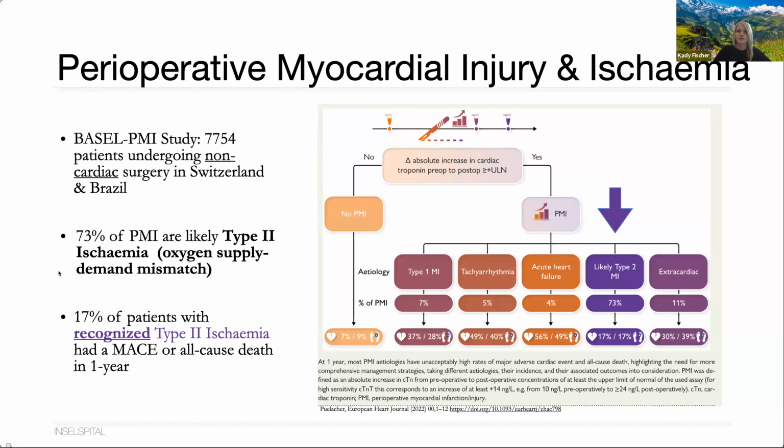This is how we normally quantify perioperative myocardial ischemia. They classified the majority of these injury events as type 2 ischemia. So this is just a supply-demand mismatch, so not an infarct or extracardiac reasons. And 17% of those with a recognized type 2 ischemia ended up having a MACE or all-cause death within 1 year. So this is actually quite high.